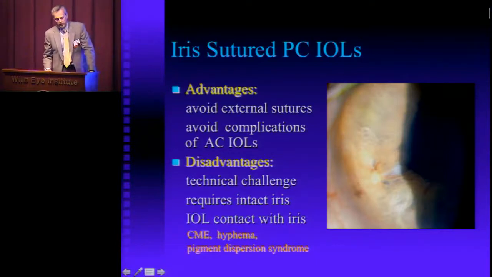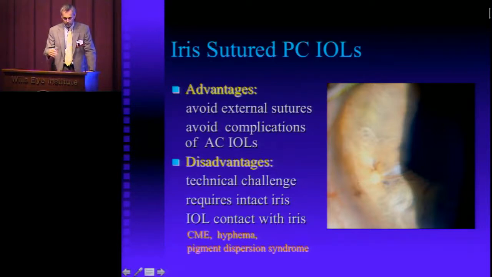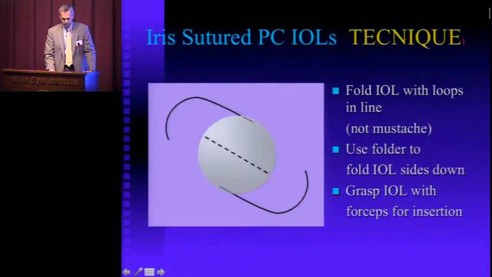There is iris contact with the IOL, and so problems like CME or hyphema or pigment dispersion syndrome have to be on your radar screen. But again, you're trying to give a patient vision, and frequently the CME, hyphema, and pigment dispersion syndrome have to do with the technical implantation procedure and not the fact that maybe you picked the wrong procedure to perform.